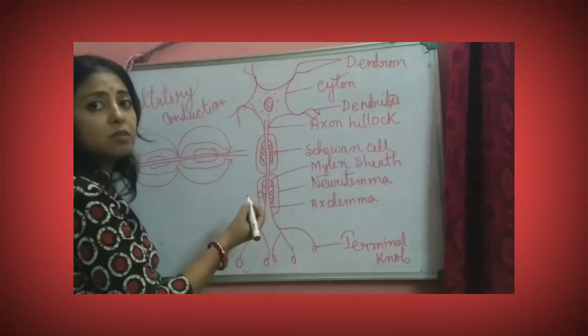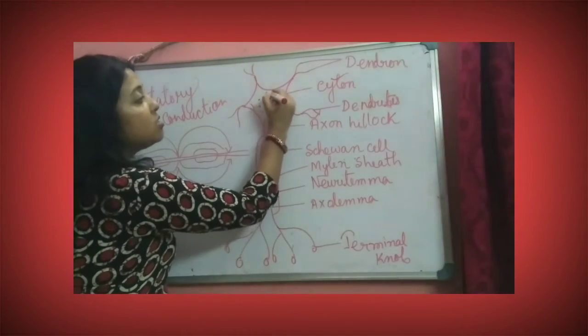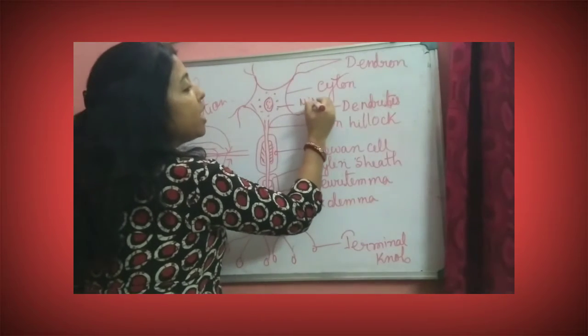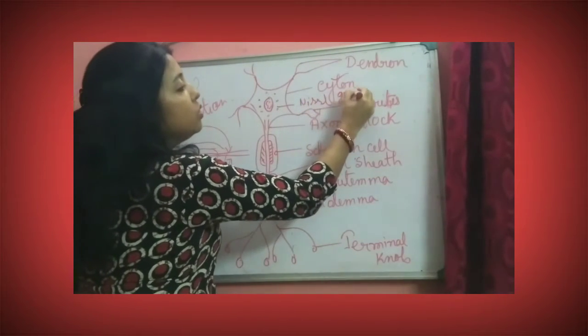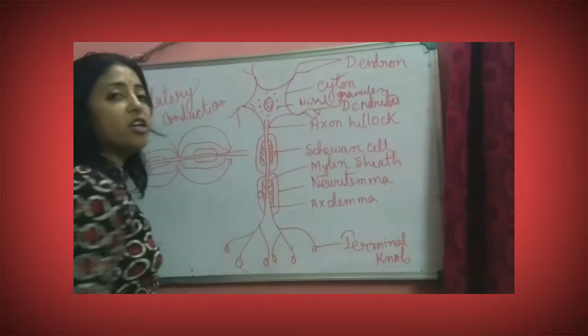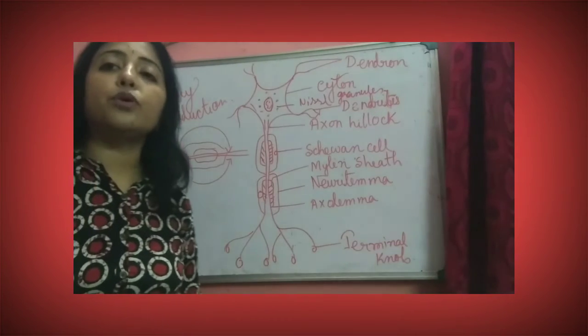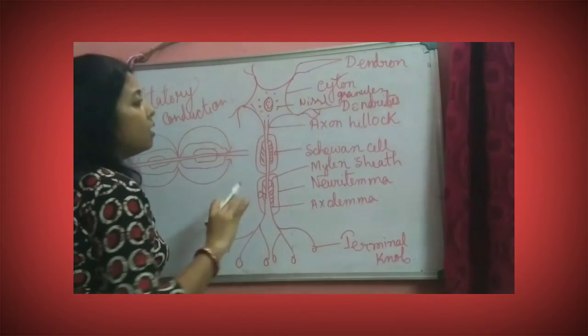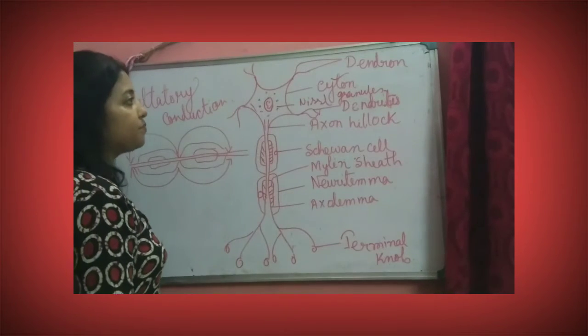But here cytoplasm is present and some granular structures are also present. These granular structures are known as Nissl granules. It is made of ribonucleoprotein. Clear? So it is involved with the formation of ribosome also.